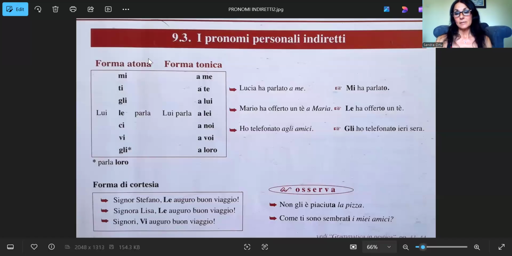The weak form is the one that we use the most, really, and it gets more integrated in the sentence, and it almost disappears in the whole sentence, in the intonation and of the other words, really. The strong form, or forma tonica, is the one that we use for emphasis. So when we are emphasizing a specific person or object as well.